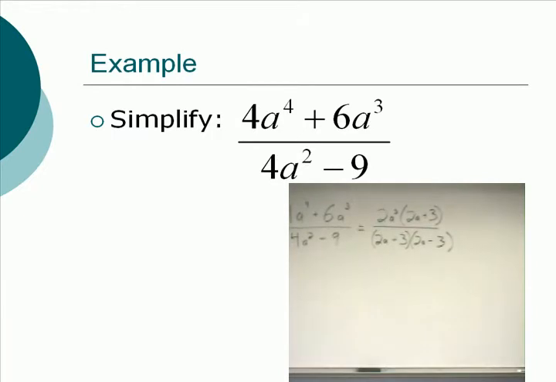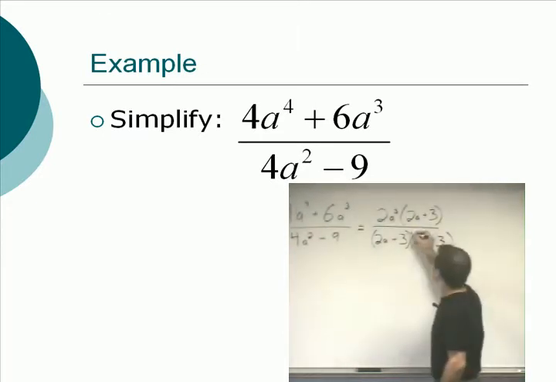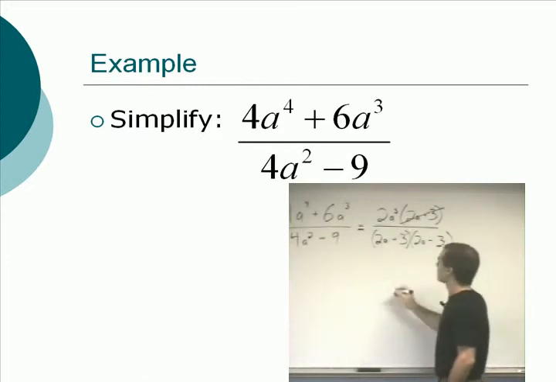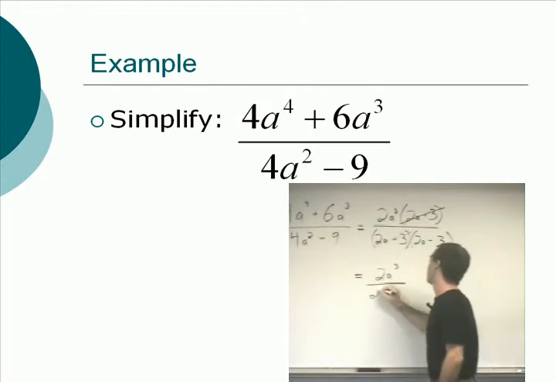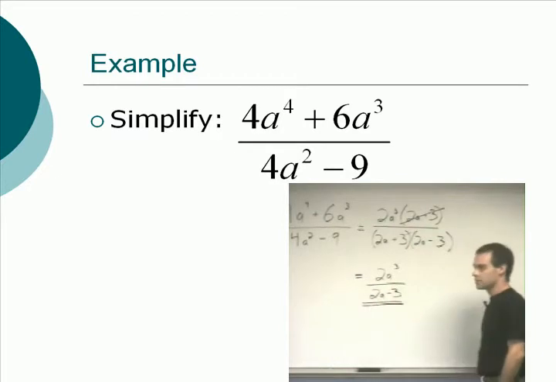Now, since we're trying to simplify it, we're just going to wipe out any common factors. Well, what's your common factor? Those cancel each other off. And so we're left with 2a to the 3rd over 2a minus 3. And it's simplified.